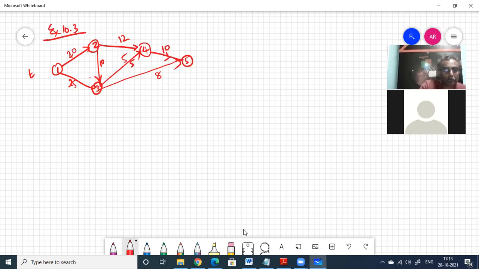We have to do E0 equal to 0. Then E2 is equal to 20. E3 is equal to 25.